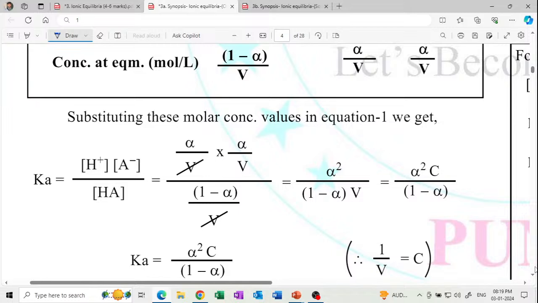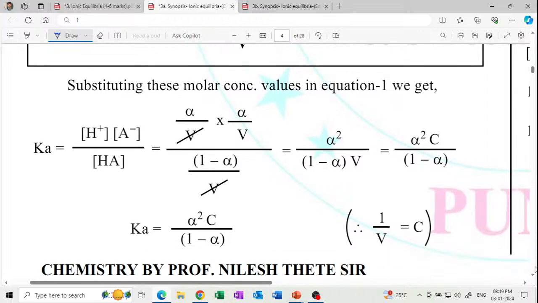the concentration of H plus is alpha divided by V, the concentration of A minus is alpha divided by V, and this is all divided by 1 minus alpha divided by V. Then the V's get cancelled.